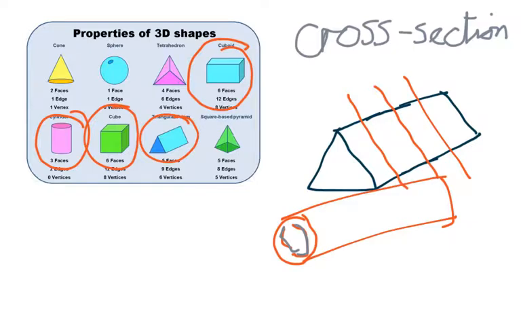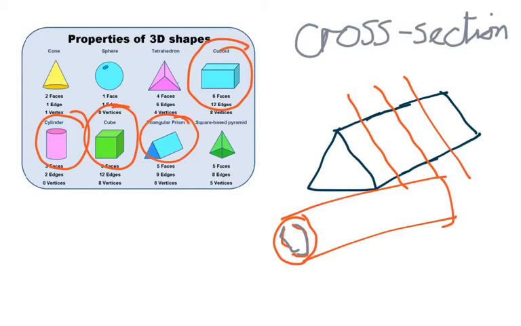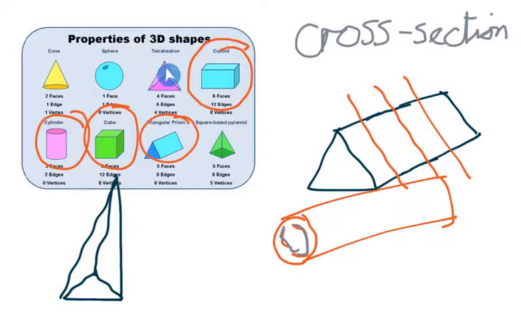Something also just to point out, the tetrahedron. A tetrahedron is a particular type of triangular based pyramid. This one that I've drawn here is not a tetrahedron. And the difference is, on a tetrahedron, all the faces are equilateral triangles.